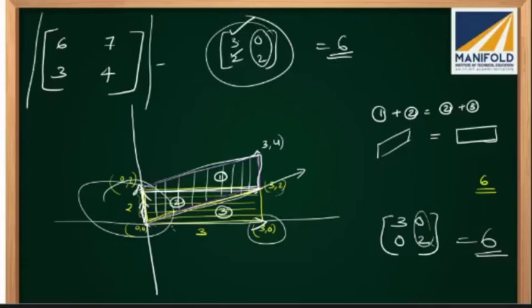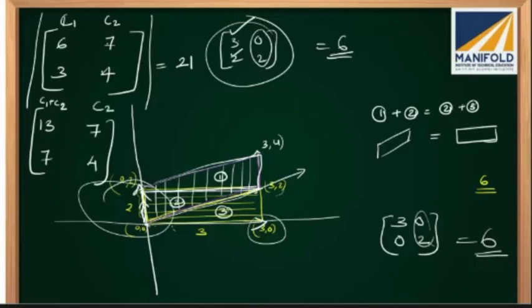It is 6 into 4, 24, minus 3 into 7, 21. Right? Now, if I add up these two columns, C1 and C2, and write it as the first column, 7 plus 6 is 13, 3 plus 4 is 7. Again, the second column is left as such. I do not make any changes to the second column.